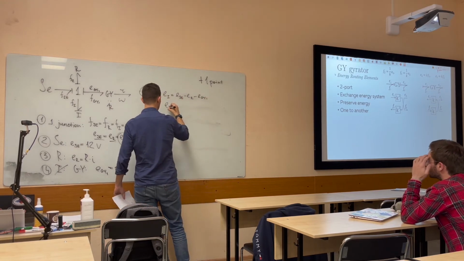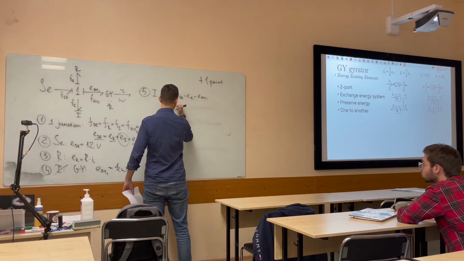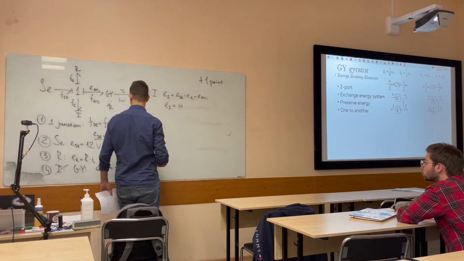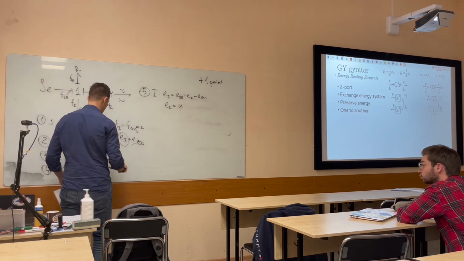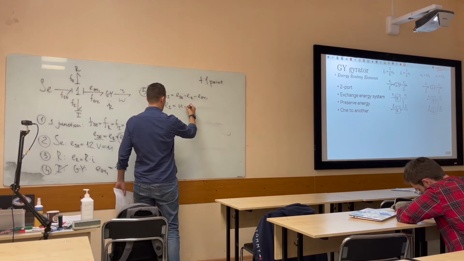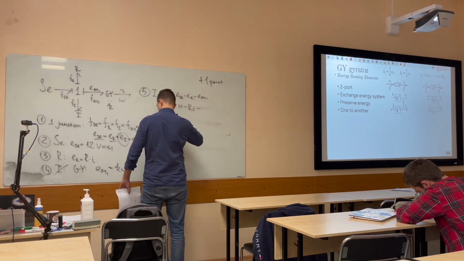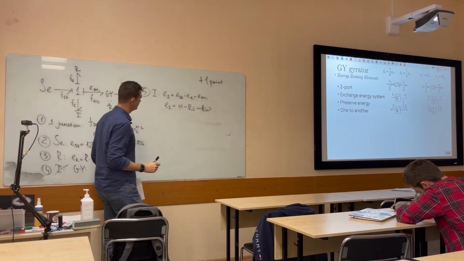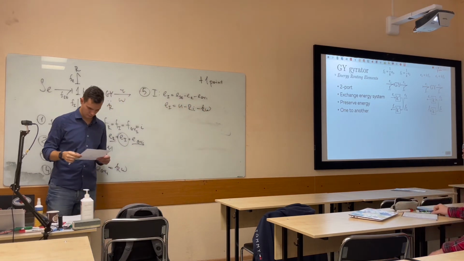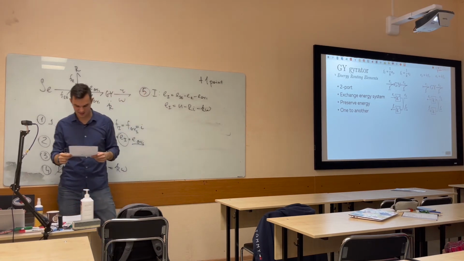So it will be something like, let's stick with the U, such that we can get rid of numbers: U minus RI minus Kw. And now we did everything physically consistent.